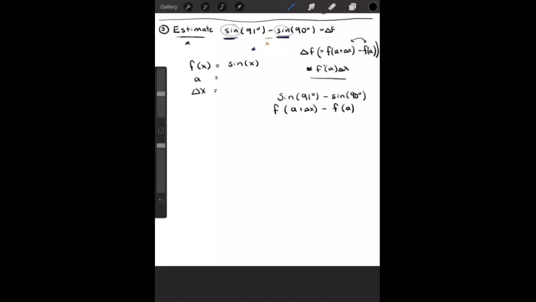So what's something that shows up in this problem that's easy to plug in for sine? We're plugging two things into sine.